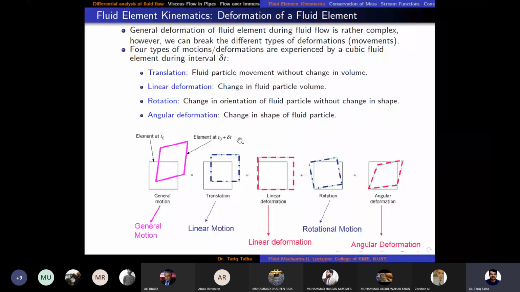It means that the element has the same velocity at each point, while for the linear deformation, as we discussed in the last class, we need some normal velocity gradient.